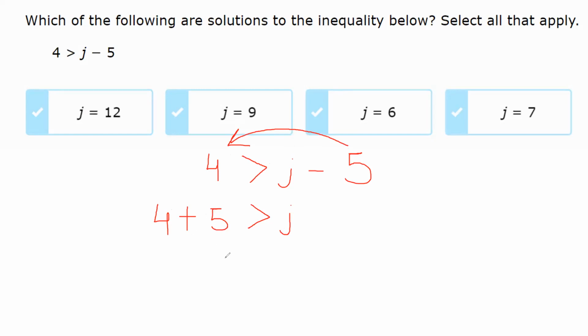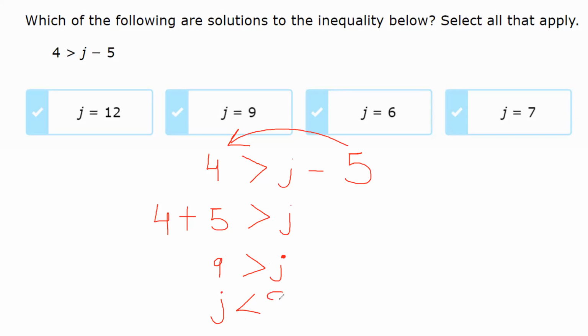What is 4 plus 5? 9. So you have that 9 is greater than j. If 9 is greater than j, what does that mean about j? That means that j is less than 9. So j is less than 9.